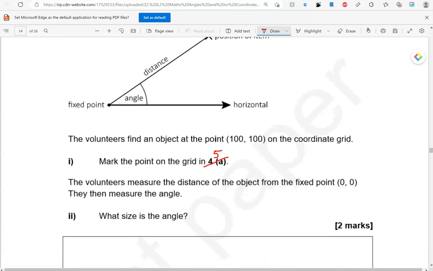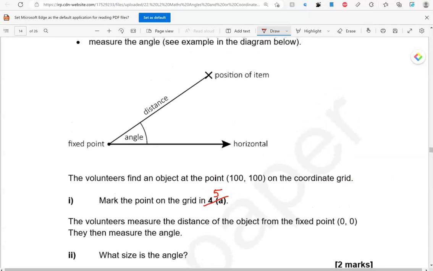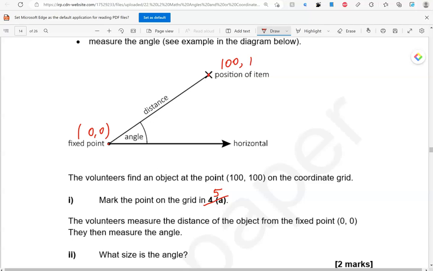The volunteers measure the distance of the object from the fixed point 0, 0, which is the origin. They then measure the angle. What size is the angle? So we'll show this on the grid, but to refer to this diagram we have here. The fixed point, that's the origin. The position of the item, that's the point we've just shown earlier. And this is the horizontal axis.